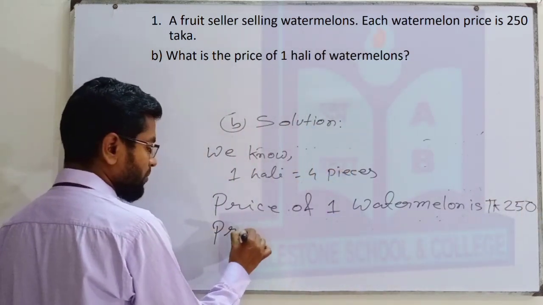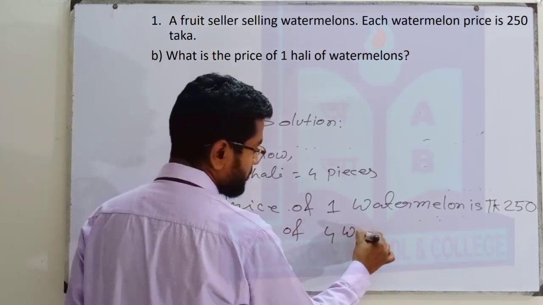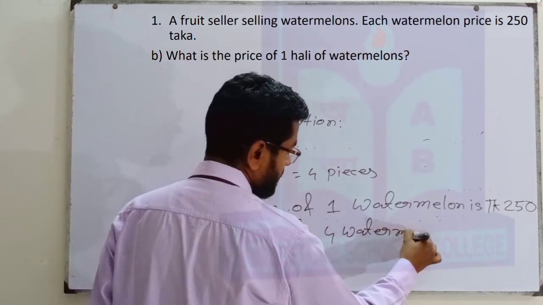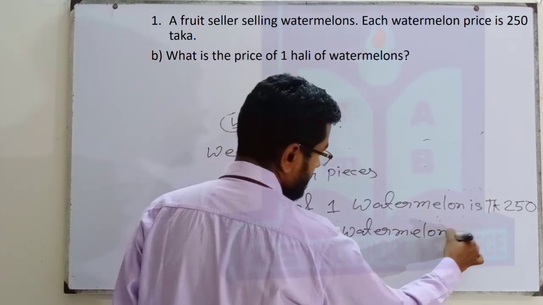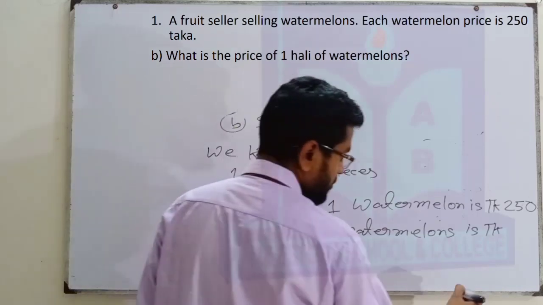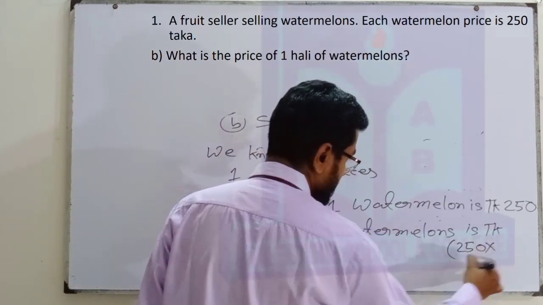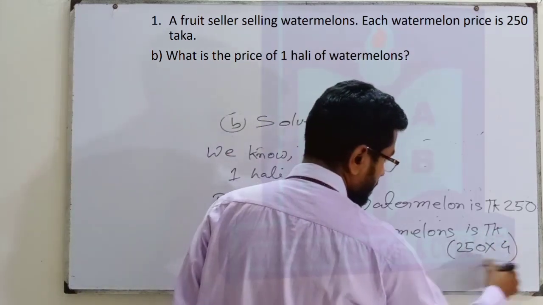Price of 4 watermelons is taka how much? We will write 250 multiply 4.